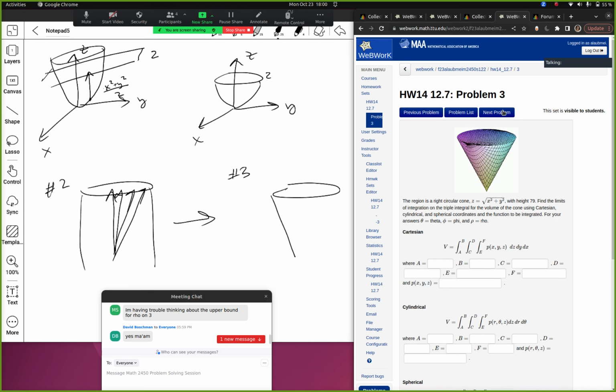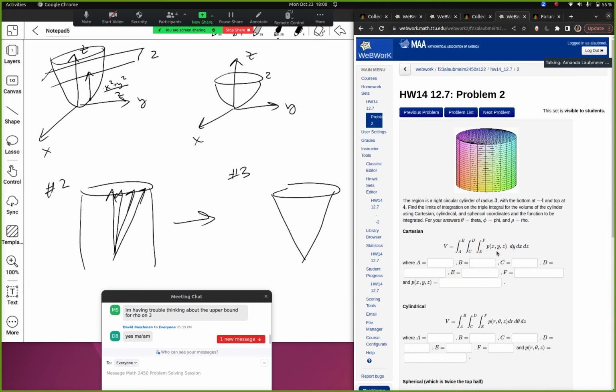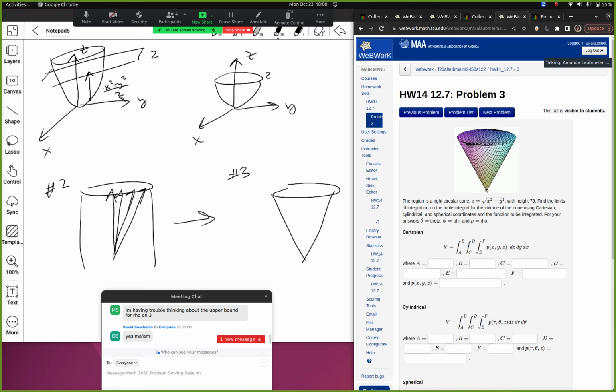We're only doing that flat part. So if you do the first half of the spherical coordinates for the cylinder on problem 2, that's exactly problem 3, basically. Like on problem 2, you're taking that flat cone thing, and you're adding this weird shape to it.